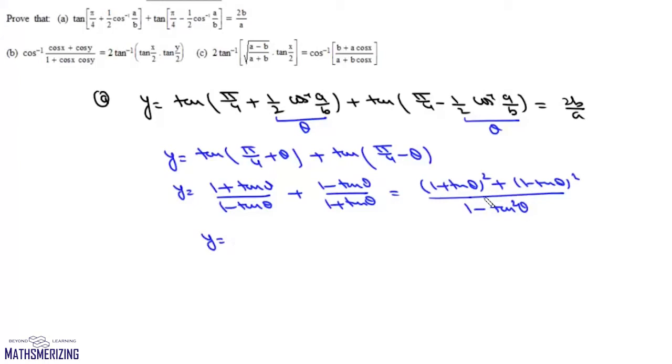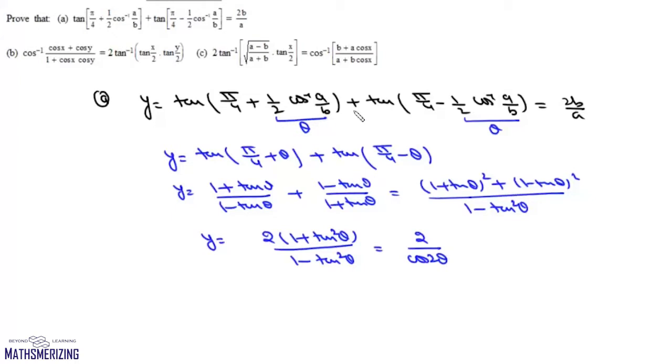Now here it will be 2 into (1 plus tan square theta) upon (1 minus tan square theta). So it will be 2 upon cos 2 theta.